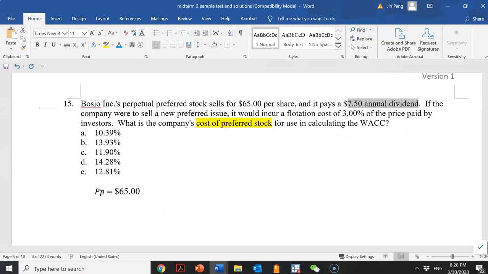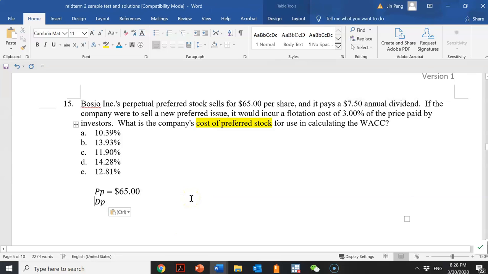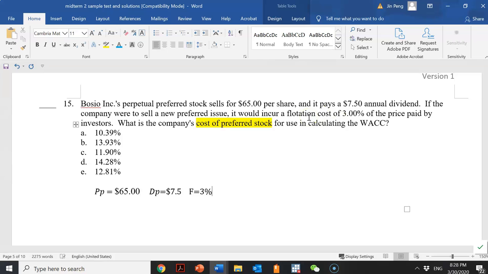The dividend for the preferred stock, DP, is $7.5. And we also know the flotation cost, F, as 3%. We want to solve for RP. Well, let me use the capital R.